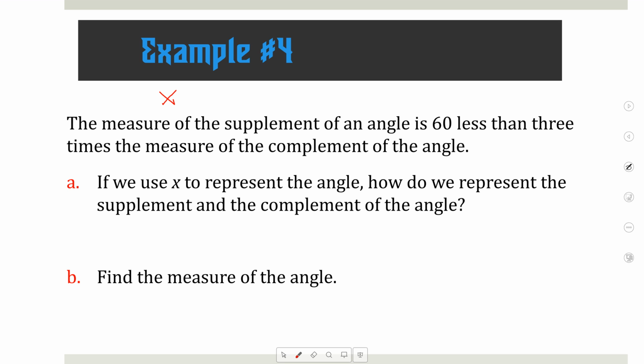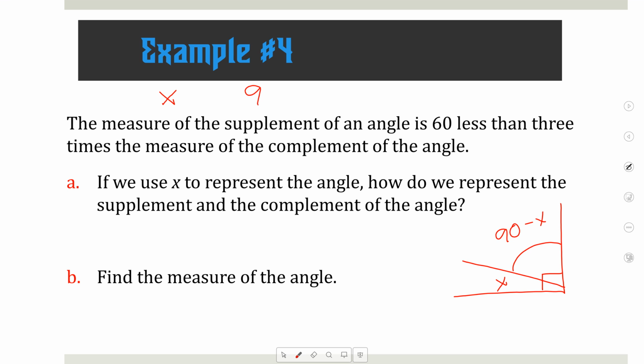It's the angle that when you add to x gives you 90. So how big is the angle that I'm going to add to x to get 90? In other words, if that's x, how big is that? 90 minus x. Good.